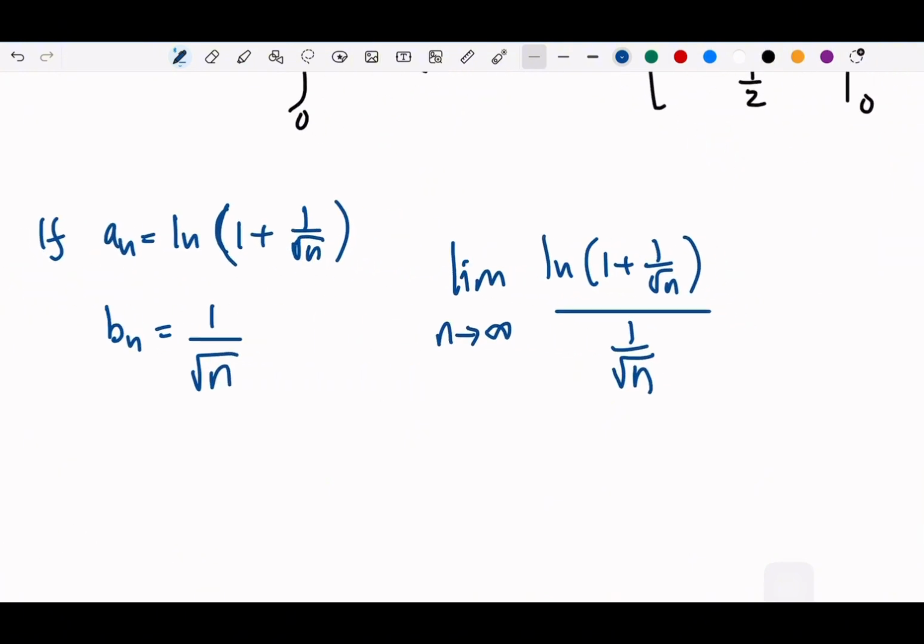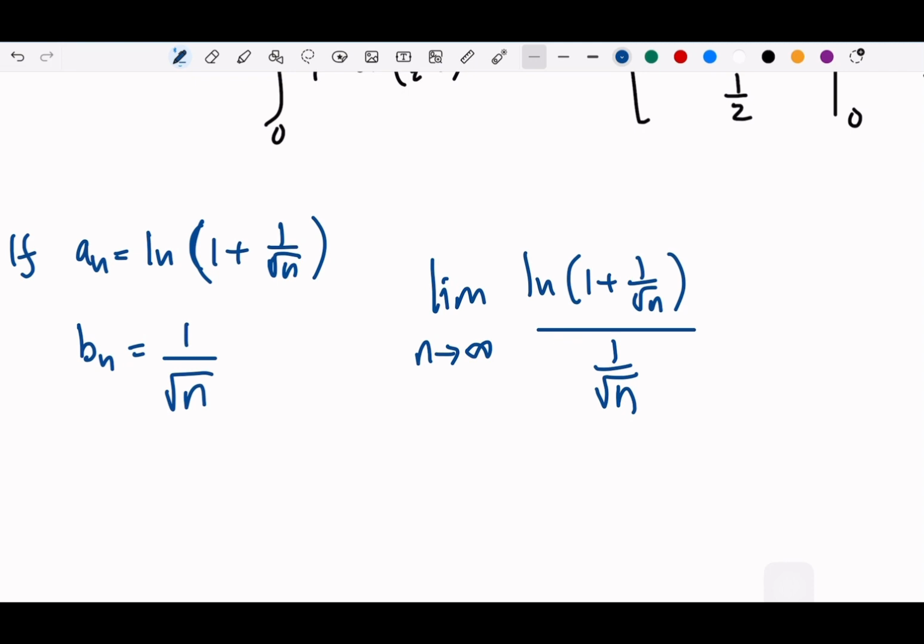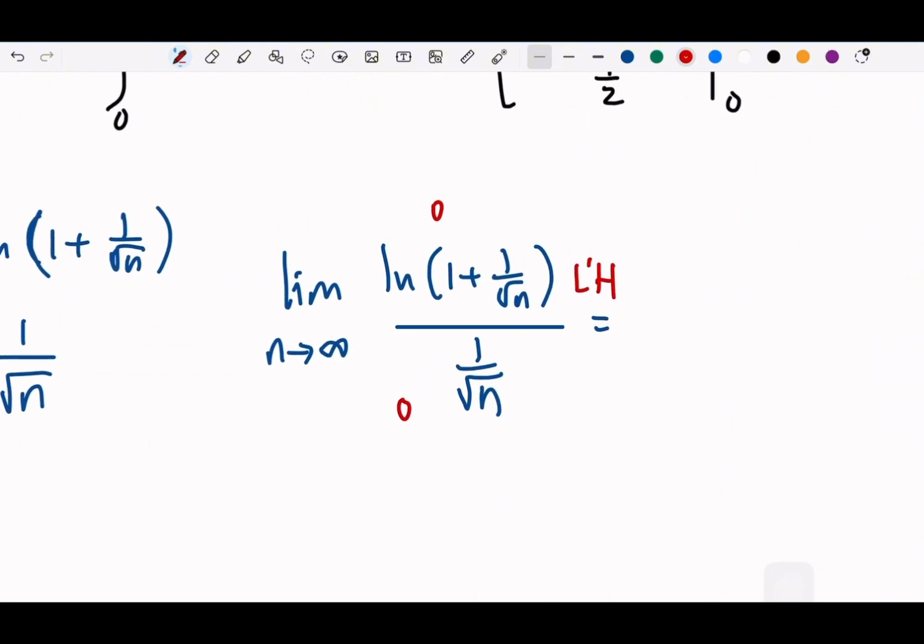If you see this kind of limit, we are going to take back to calculus 1, in which if you put the infinity inside the equation, this will give you a 0 over 0 situation, right? So which means that this is 0 and 0. Then our savior L'Hopital rule will be helping us. So we take the L'Hopital rule. I think it's easy.